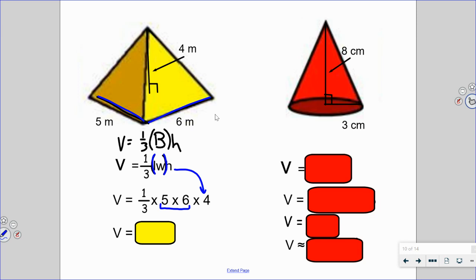If it's a rectangle, you put in length times width. If it's a triangle, you put in 1/2 base of the triangle times height of the triangle. And by the way, that gets kind of complicated when you have a triangular pyramid, because you will find volume 1/3 area of the base times the height.